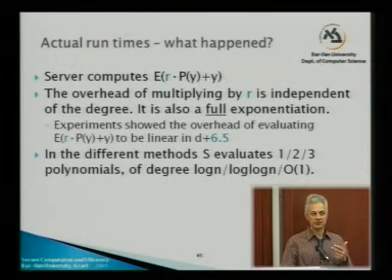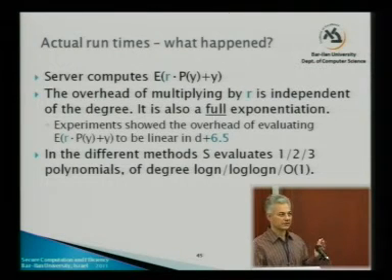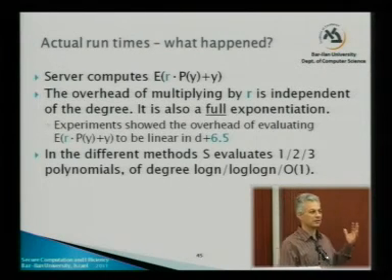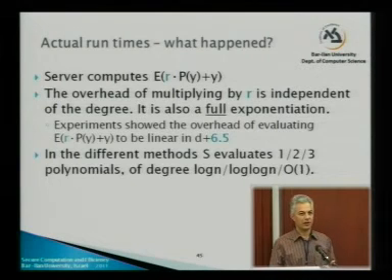In the last two methods we use polynomials of smaller degrees, which means that d is smaller. But for each polynomial, before we start thinking about d, we pay this 6.5 overhead just for multiplying by r. And it kills everything.